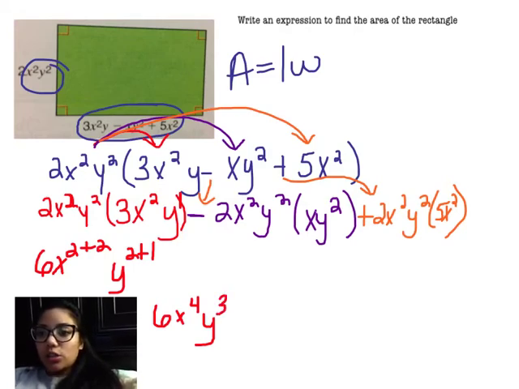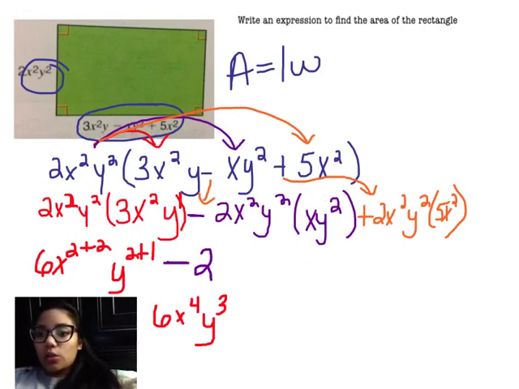So now I'm going to do my purple, minus 2x squared y squared. So I have 2, and there's no coefficient here, so I just have a 2. And then there's an exponent on x squared, and that x again is raised to an imaginary 1.